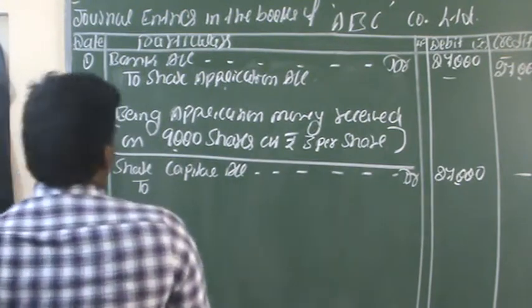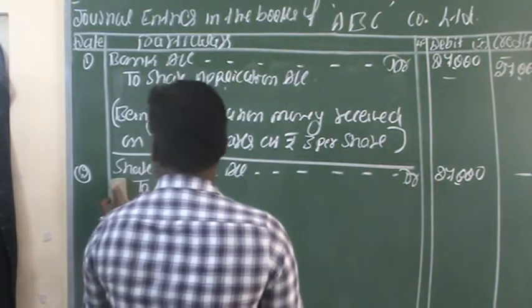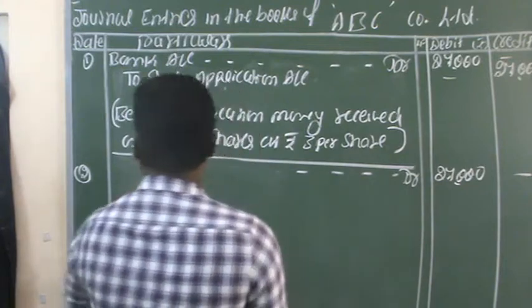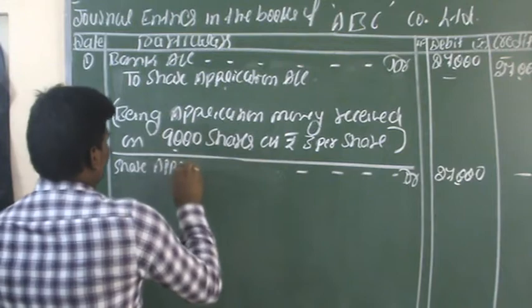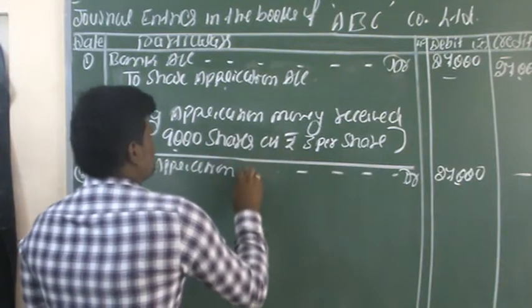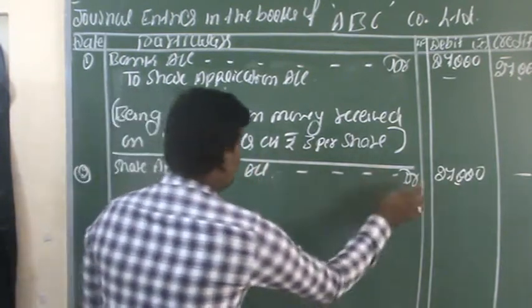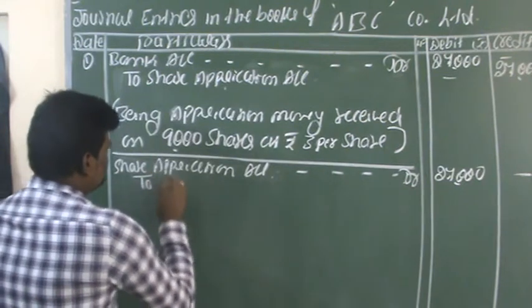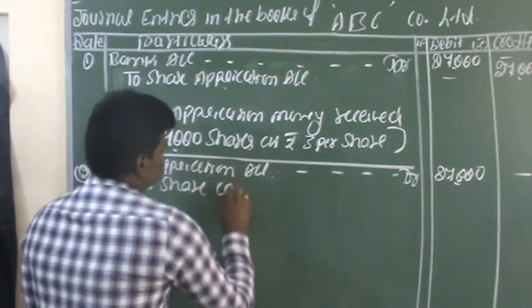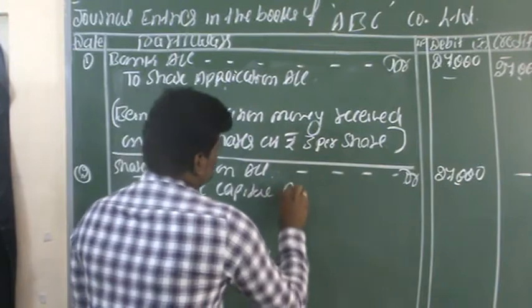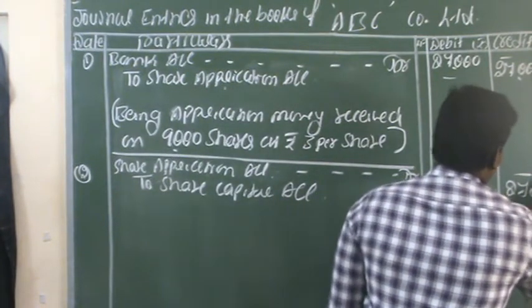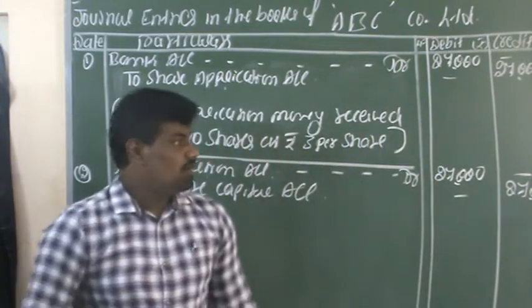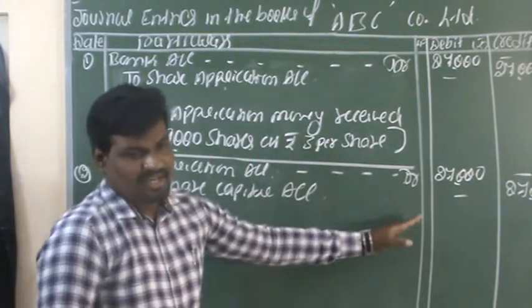Whatever share application money was received by the firm, in this ABC company they have received 27,000 rupees, right?